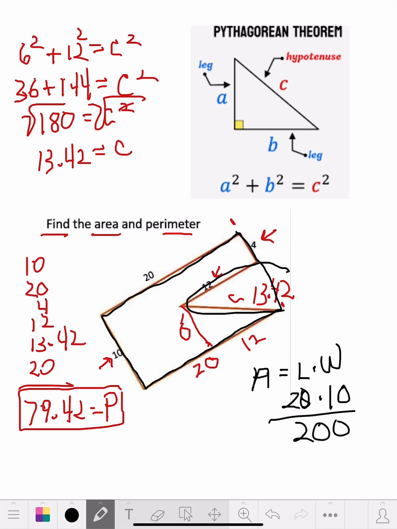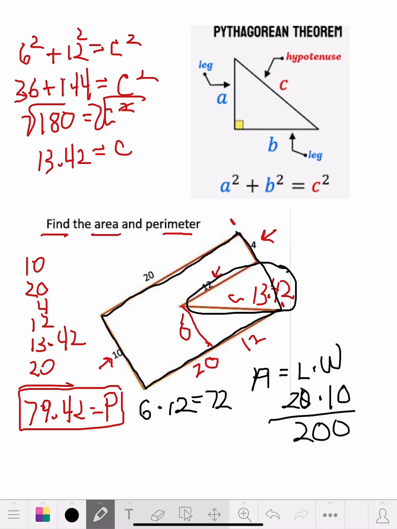But I'm missing this little bit right in here, okay? And what that is is another little rectangle, but half of it. So it's 6 by 12. 6 times 12 equals 72.